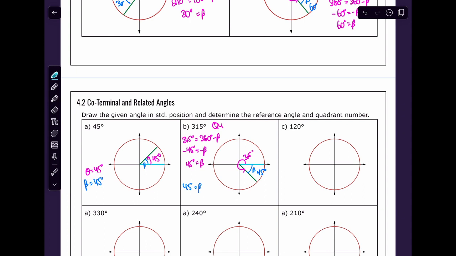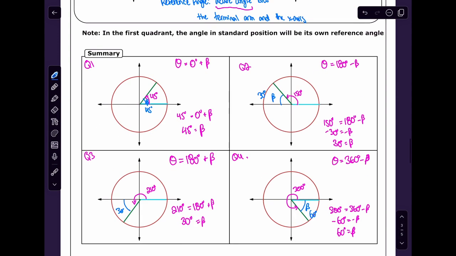Let's do this last one together. The rest can be practice. Our terminal arm here is going to be in quadrant 2 for 120 degrees. So the angle in standard position will be like this. So we're in quadrant 2, so our reference angle will be here. And in order to find it, we can use this equation here.